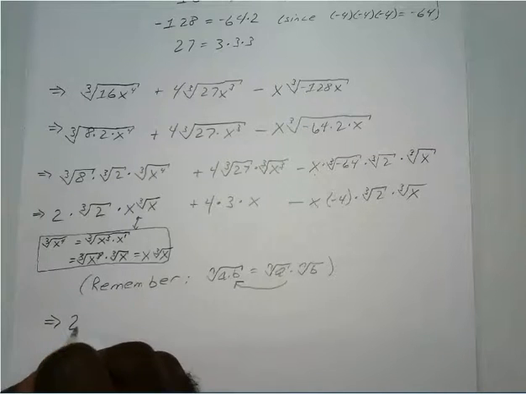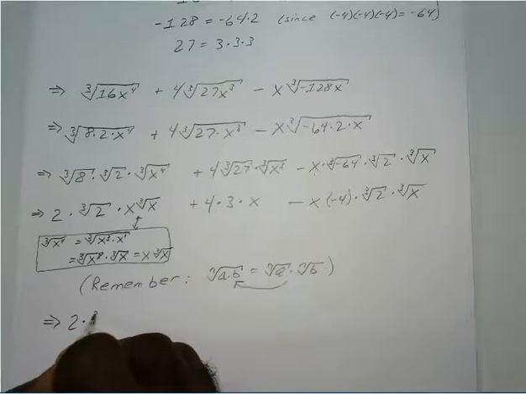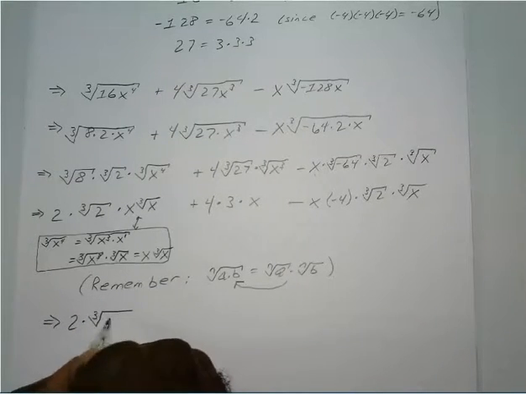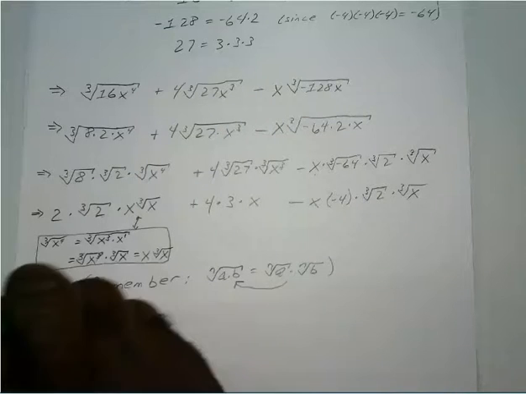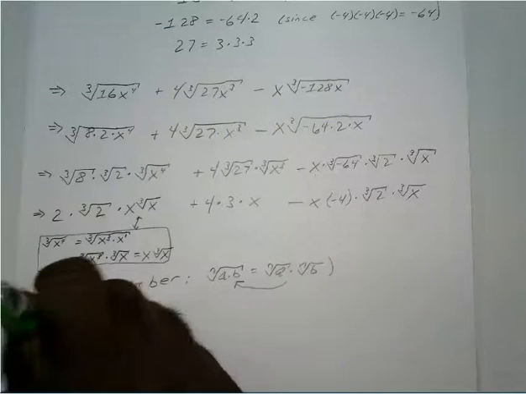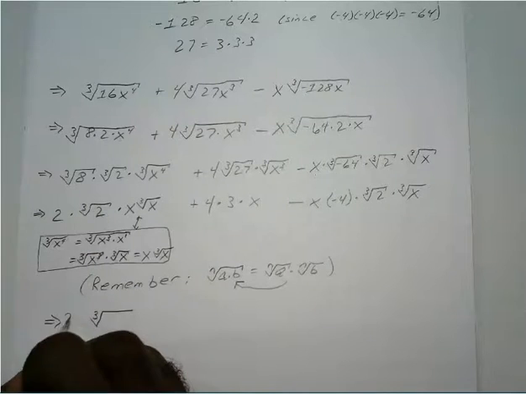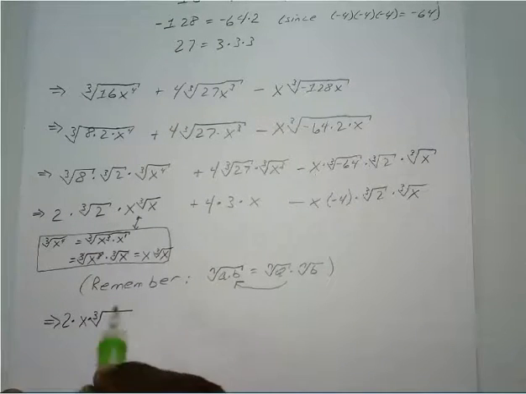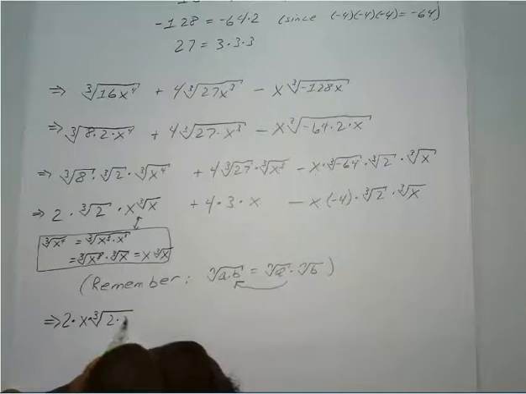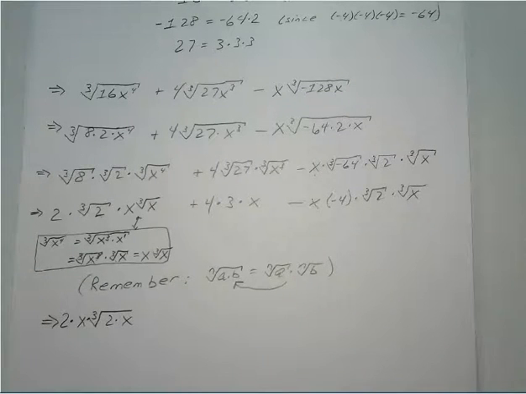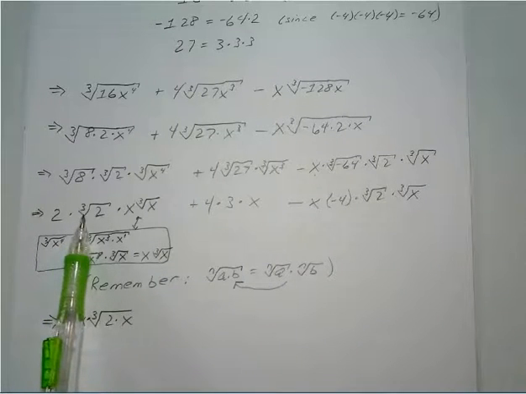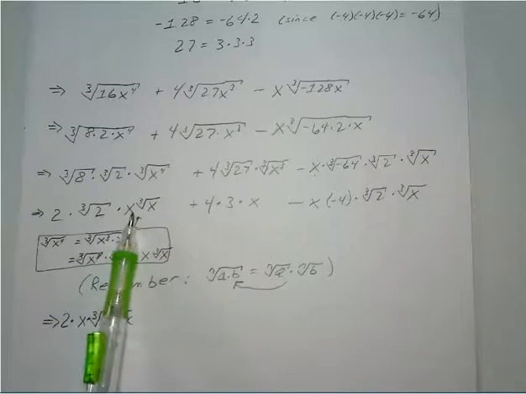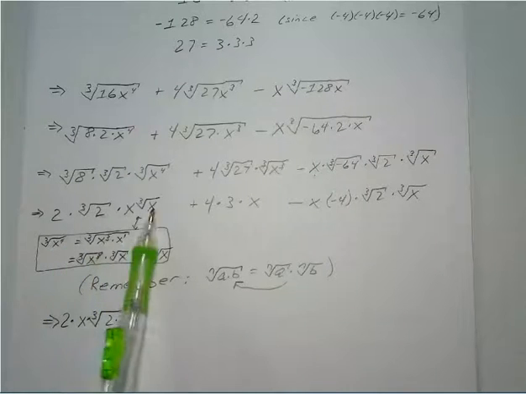Okay, so that gives us 2 times the cube root, oh, forgot the x there. I like to put the x out in the front, so 2 times x times the cube root of 2 times x. Okay, so you think of it this way, like 1 times the cube root of 2 times x, and then you do the x times 1, and it combines those two.